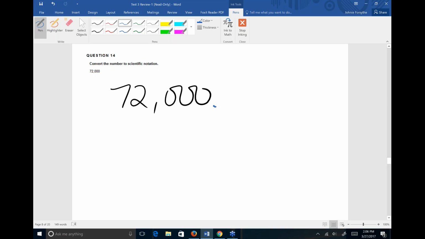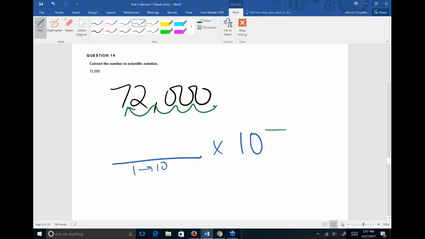So for scientific notation, you want to be in this form: a number between 1 and 10 times 10 to some exponent. The way you figure out what goes here is you move the decimal however many times you need to create a number between 1 and 10.